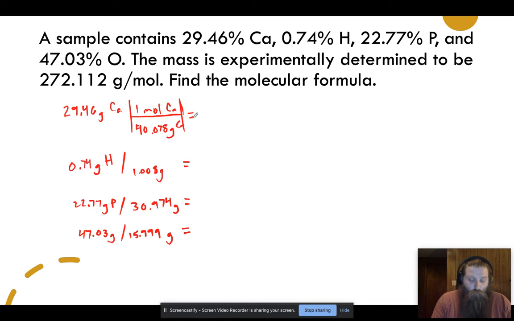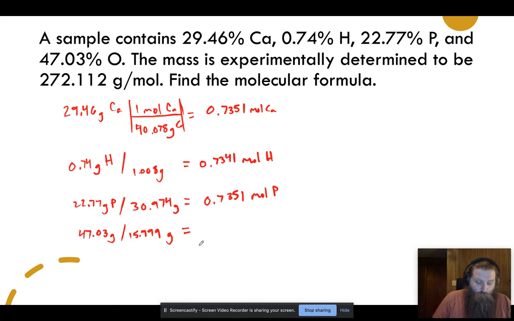So let's run these numbers. 29.46 divided by 40.078 gives us 0.7351 moles of calcium. 0.74 divided by 1.008 gives us 0.7341 moles of hydrogen. 22.77 divided by 30.974 gives us 0.7351 moles of phosphorus. 47.03 divided by 15.999 leaves us with 2.9396 moles of oxygen.